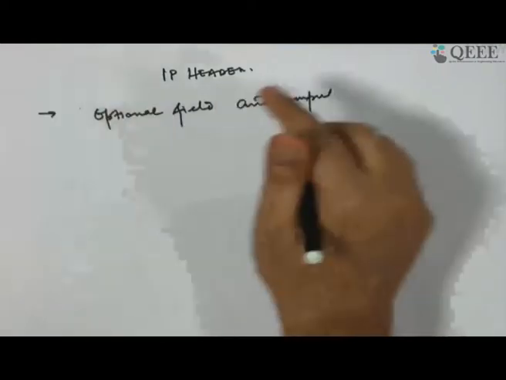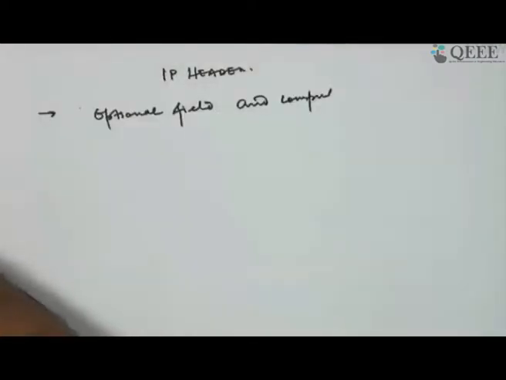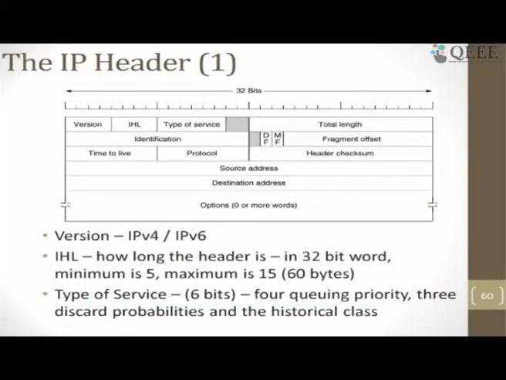Okay, so it has various optional and compulsory fields. The first field which is important, that will stay, is the source address and destination address. These are the two things which will necessarily be there.